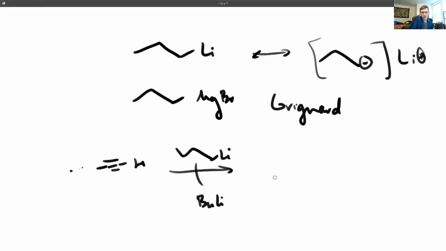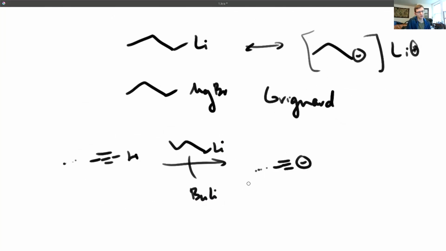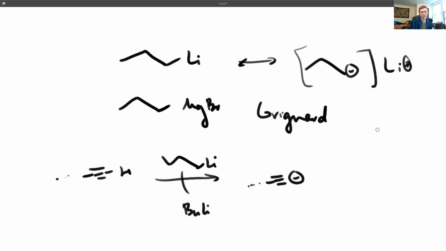Okay, and so this can deprotonate it just fine because this is a super basic carbon, right? So that would look like this. Okay. You could do the same thing with Grignard reagents. They're also pretty similar. They, for the most part, just react the same as these organolithium compounds. So you could treat them as being the same.